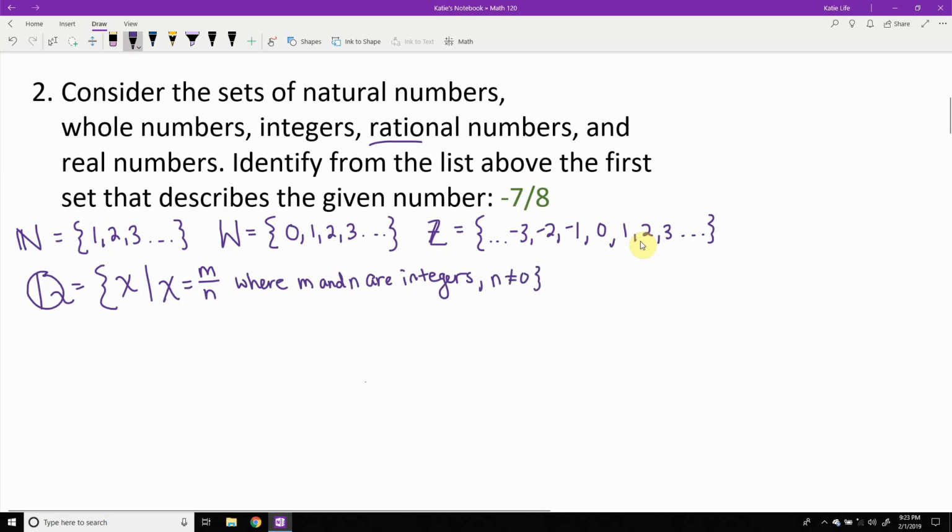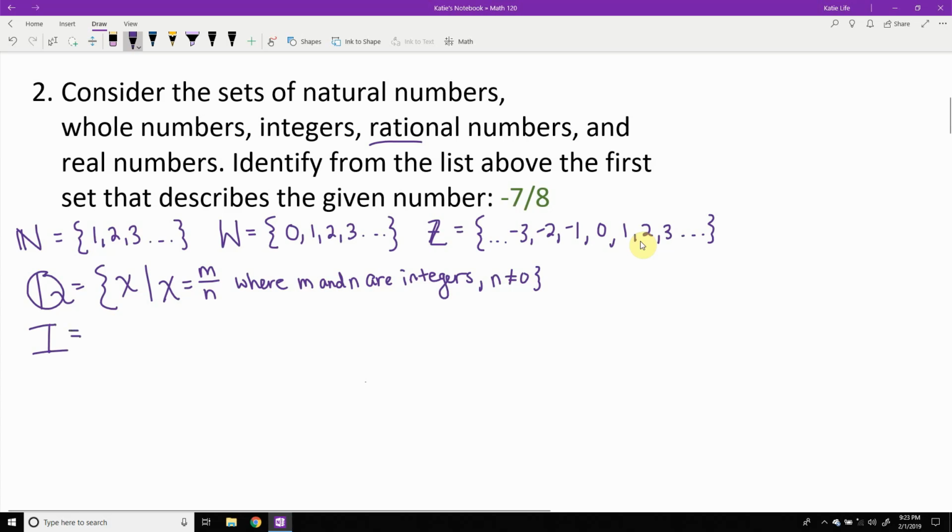Because if n is 0, I would have essentially a division problem with 0 as the divisor, and we know that that is undefined. So n can be any value, m can be any value, positive or negative, integer-wise, but n cannot be 0. So this is the set of all things that can be written in fraction form. Obviously, any real number that cannot be written in fraction form would be said to be irrational.